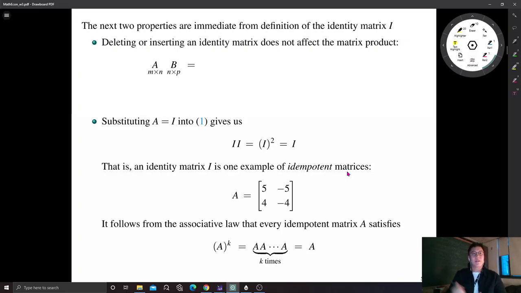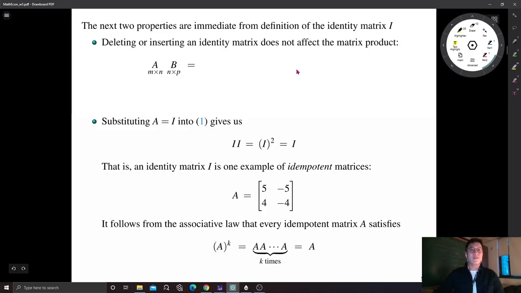And now we are going to establish two properties of the identity matrix, and those are from the definition. The first property of the identity matrix is that we can delete or insert the identity matrix in the process of multiplication whenever we want, because it doesn't affect the matrix product. Here we have a product AB. A is m by n, B is n by p, so the product is well defined.